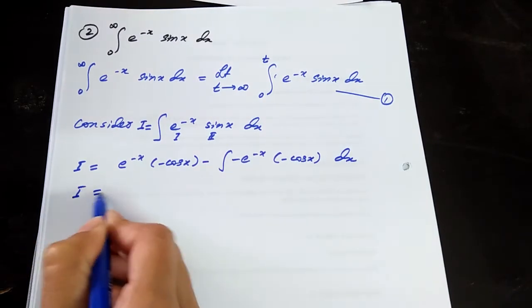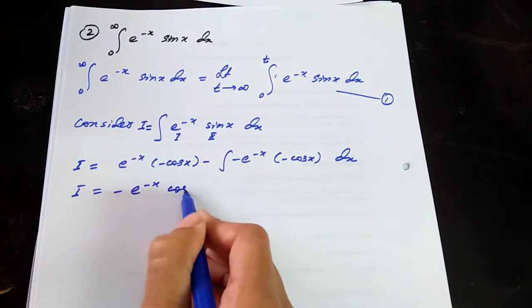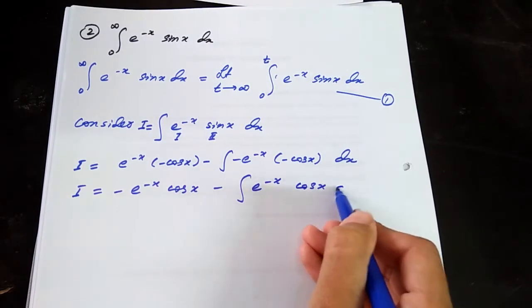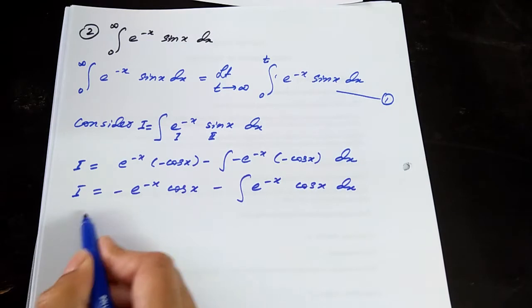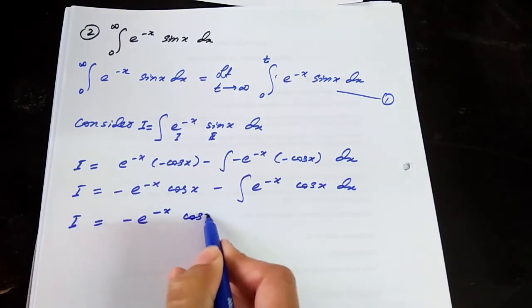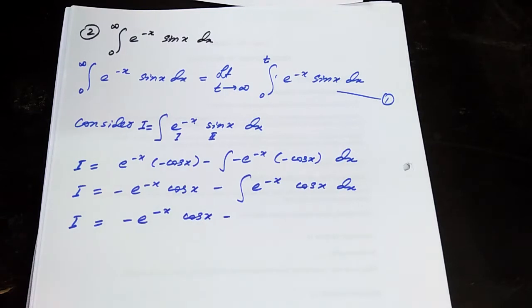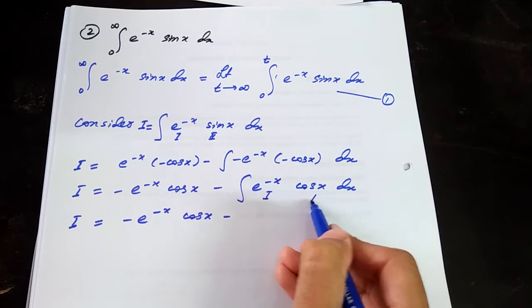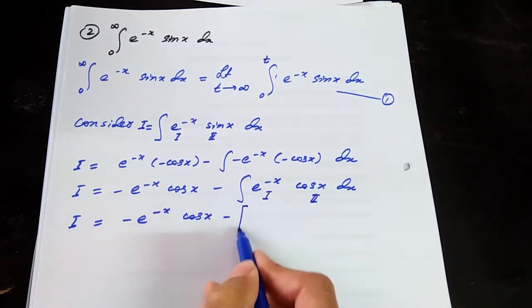This will be I equals minus e raised to power minus x cos of x minus integral e raised to power minus x cos of x dx. Now I am taking this again as first function and this one as the second function. Use the brackets.